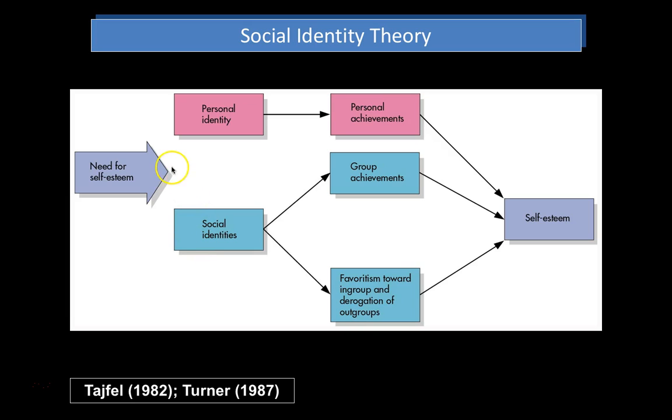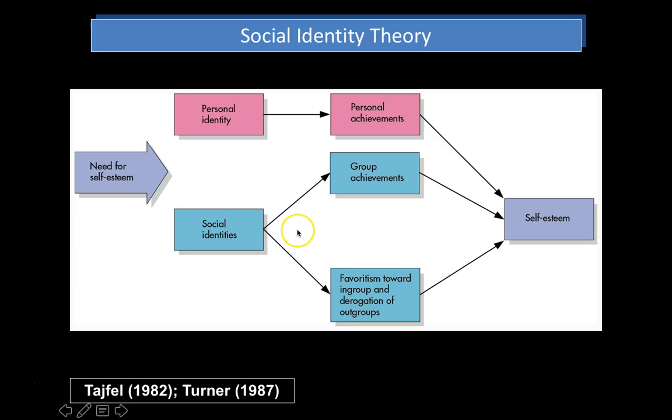With personal identity, we maintain our self-esteem through our personal achievements, through our perceptions of ourselves as positive, often through our own experience. We maintain our self-esteem in terms of our social identities because we value group achievements. We bask in the glory of the successes our groups achieve.